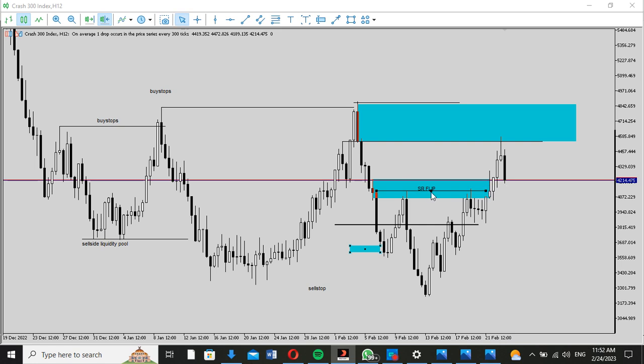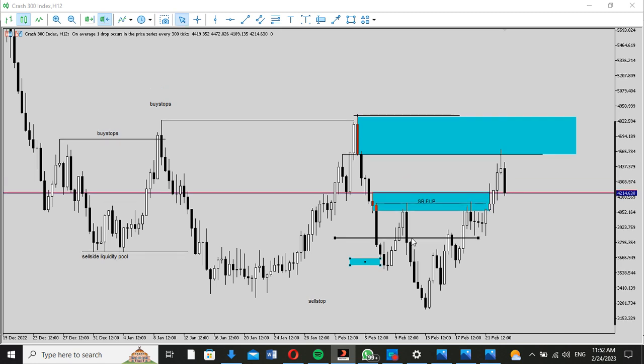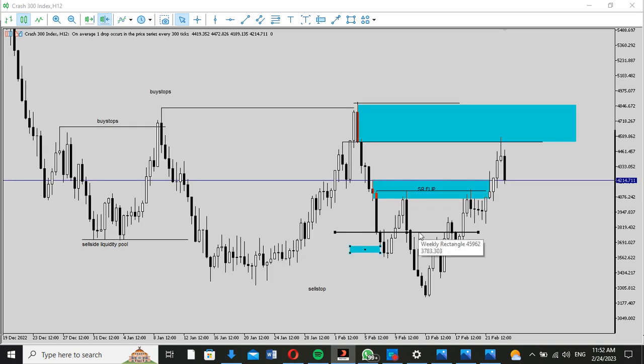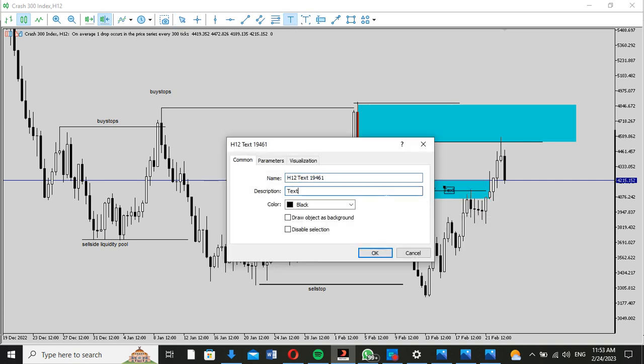So I have a fakeout zone right here, so I take this one back to where it belongs and delete this one right here. All right, so I have my support resistance flip, similar to saying that I'm having a fakeout zone, right?